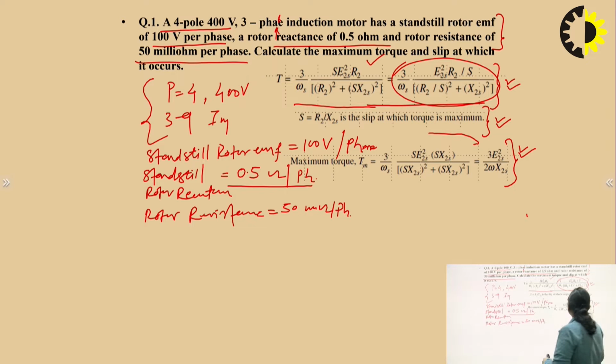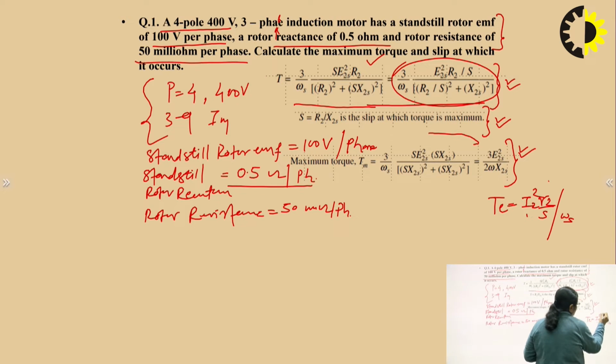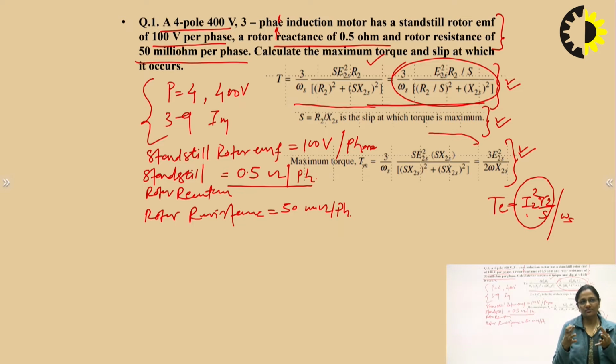So, we know that electromagnetic torque developed in the machine is given as I2 square R2 by S divided by omega S. What is I2 square R2 by S? It is the air gap power PG. Air gap power PG is the power that is transferred from the stator to the rotor. So, we have I2 square R2 by S divided by omega S. Omega S is the synchronous speed.